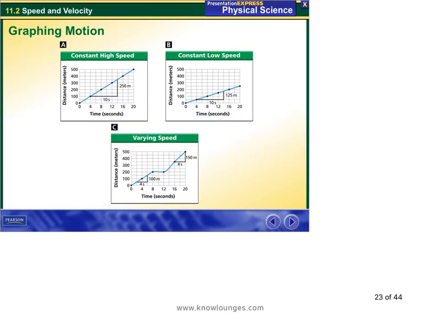And we have a third one here. Now this one is not a straight line, so its speed is changing. It starts at one speed here at 25 meters per second, and it kind of levels off, and then starts increasing again to a different speed.